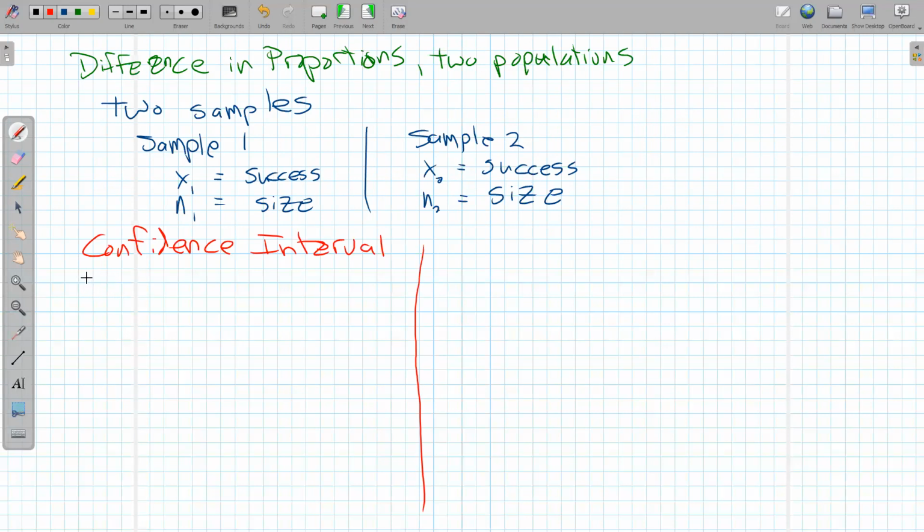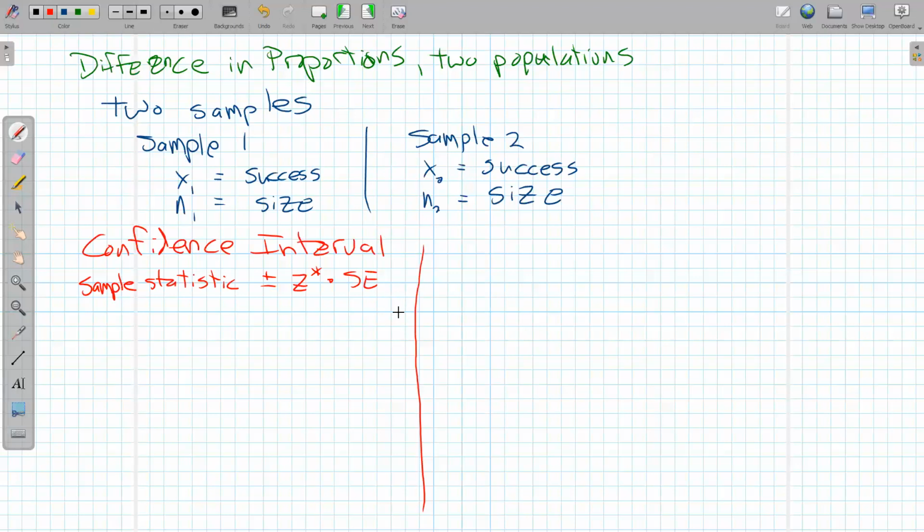I need to find my sample statistic. And since this is a proportion, I then need to add or subtract that magic z-score times whatever the standard error is. So we have to figure out if there's two proportions, how do I come up with a sample statistic? How do I come up with that standard error?